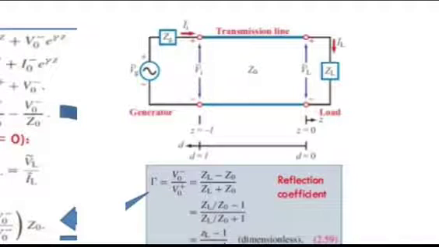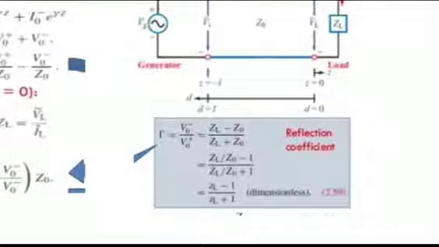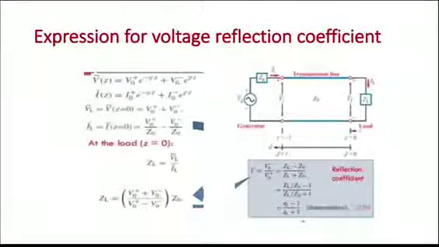If you look at the ratio, we get ZL minus Z naught over ZL plus Z naught. Taking the common part, ZL by Z naught, it is simply ZL minus Z0 over ZL plus Z0. So this is the expression you are getting for the voltage reflection coefficient.